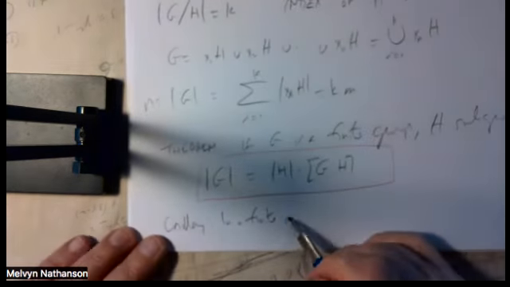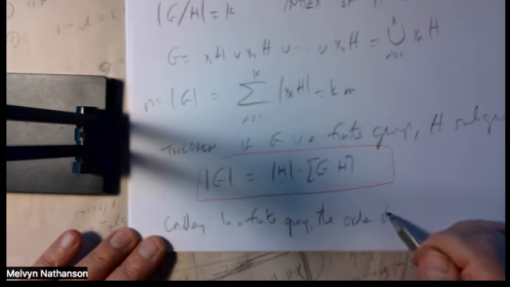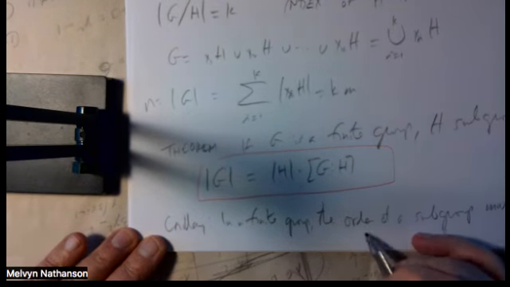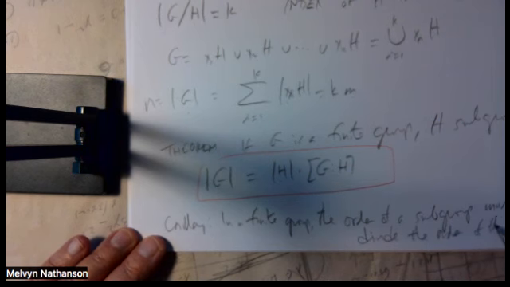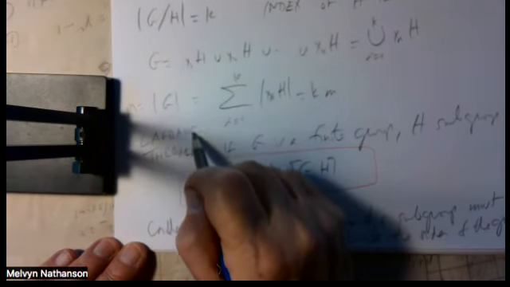So the corollary is: in a finite group, the order of a subgroup must divide the order of the group. So this theorem has a name, it's called Lagrange's theorem.